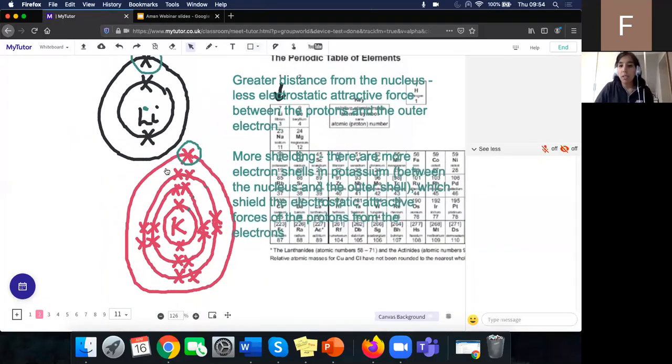Now the one reason that you might think that actually lithium is more reactive than potassium is because of the atomic number. So in lithium, the atomic number is 3. In potassium, the atomic number is 19. That means in lithium, there are 3 protons, whereas in potassium, there are 19.